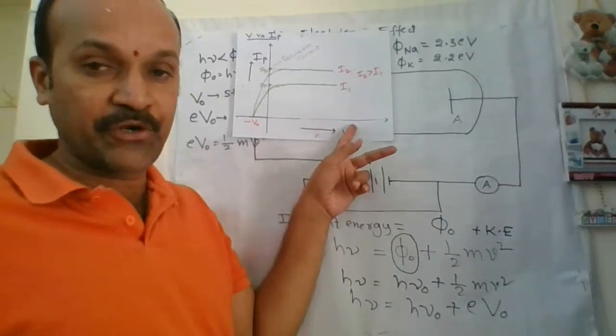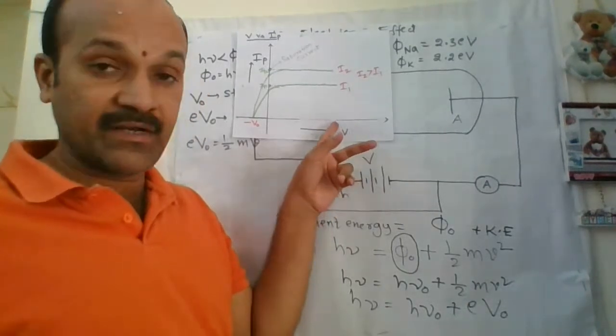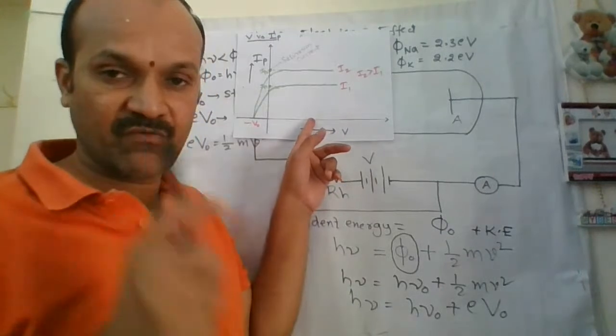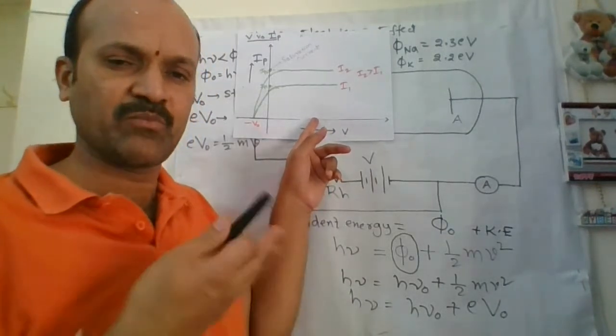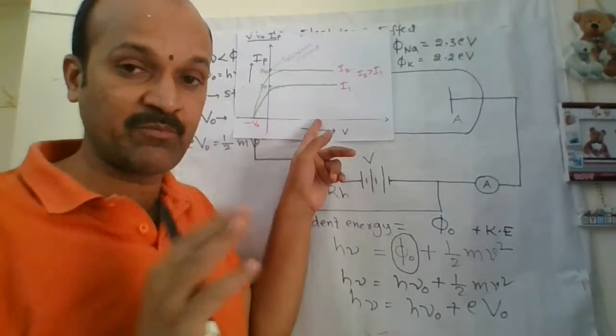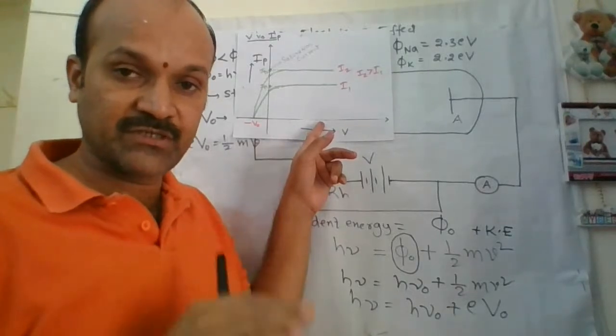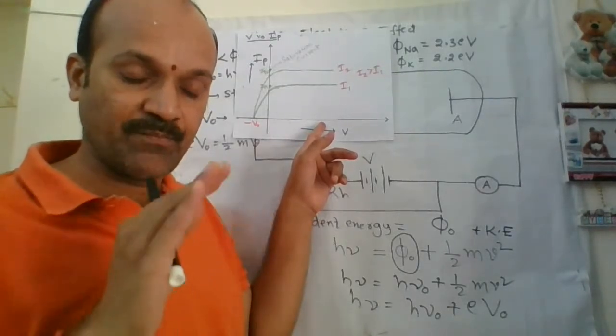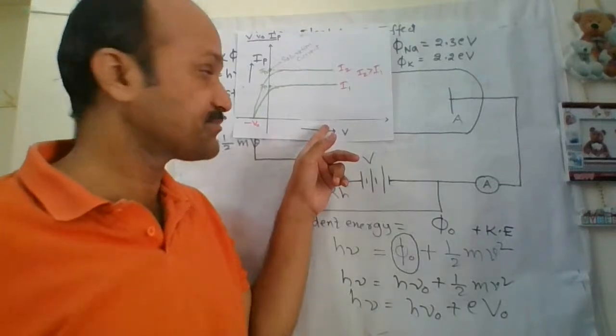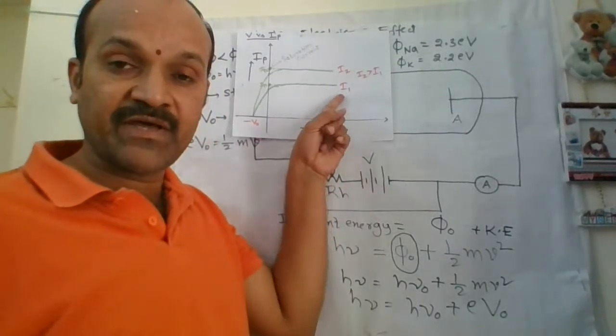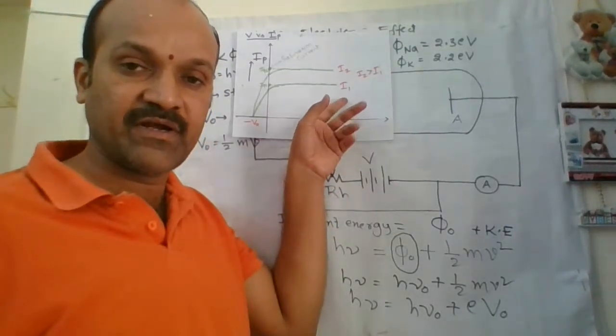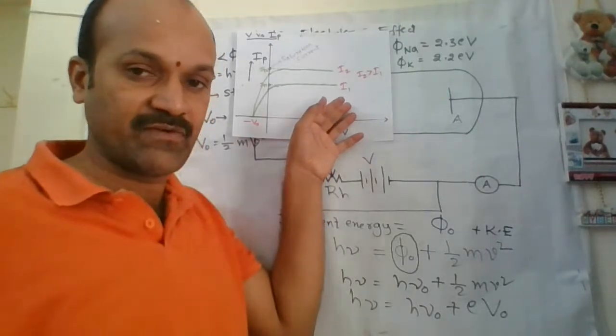Gradually we are increasing the potential, and here we consider only one metal, a single metal, say sodium or potassium. We are not varying the work function, that is, the metal. But we are varying different intensities of light. We are increasing the intensity of light.